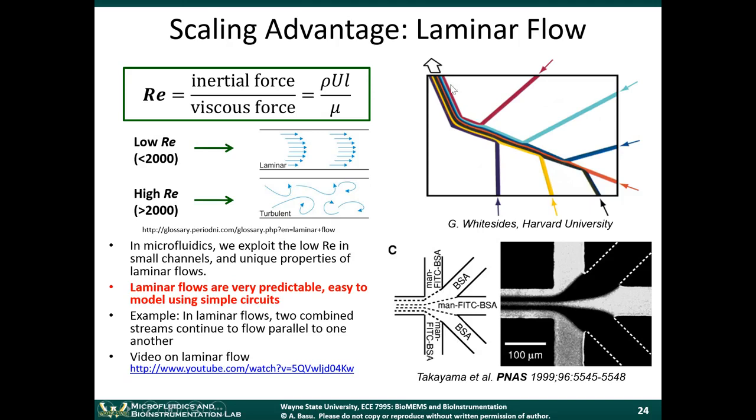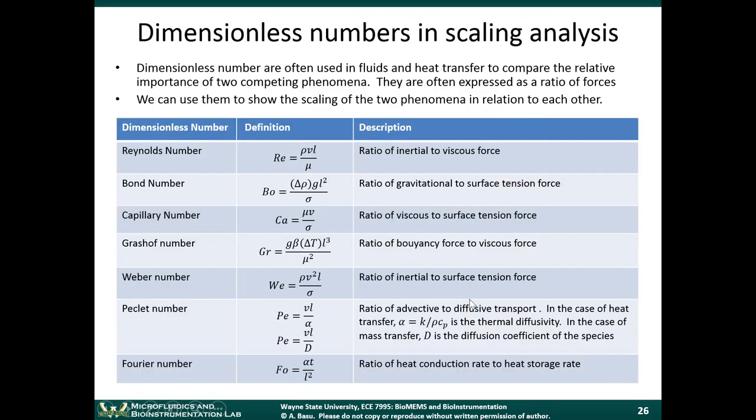So the Peclet number can be used to analyze how long we will be able to maintain this sort of discontinuity in the different molecules before they start to mix together. We'll talk more about this in the next module.